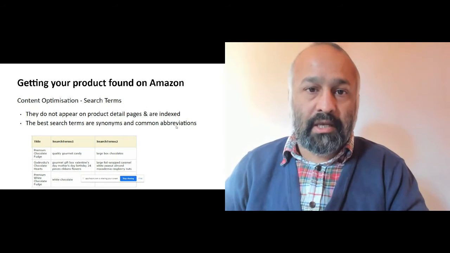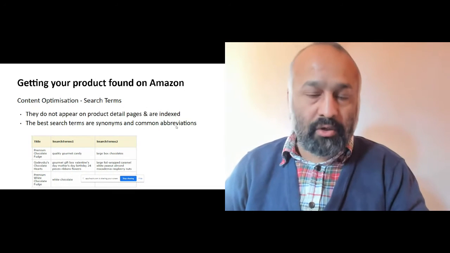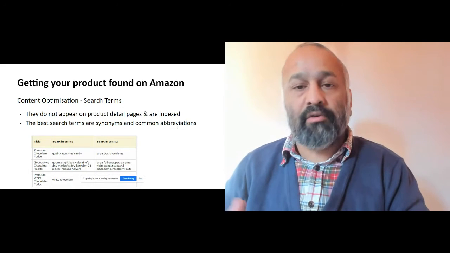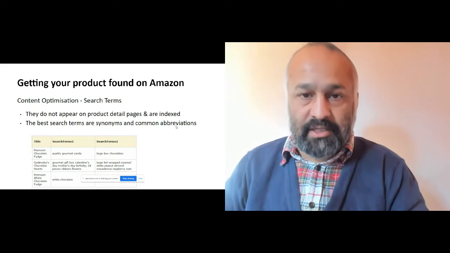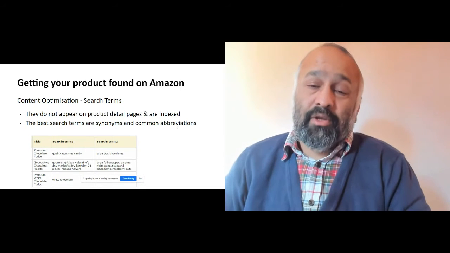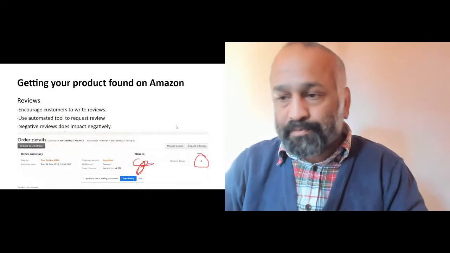You can see an example there for premium chocolate: quality gourmet candy, large chocolate boxes. These are unique keywords, and you can put in Christmas gifts, birthday gifts, Valentine's gifts, things like that. They can stay in, because customers don't see it, but it's part of the index as well.